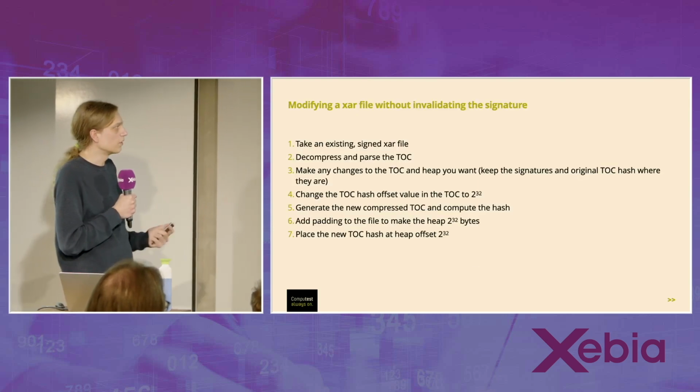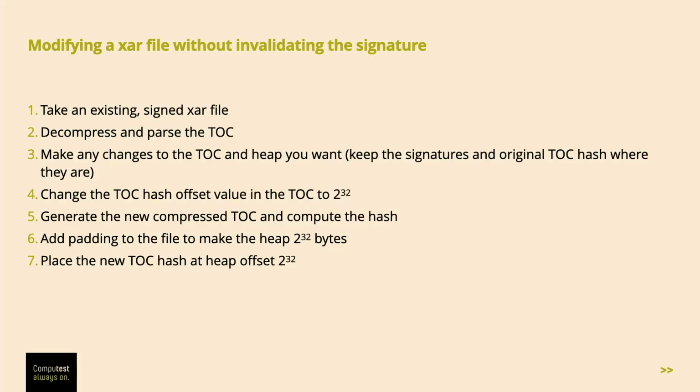So to go into more detail about how to do that, you take a validly signed XAR file, just any existing package file. You read the table of contents, you parse it, you do the XML stuff that you need to do. And you make any changes that you want. Just add a new malicious pre-install script or something like that.